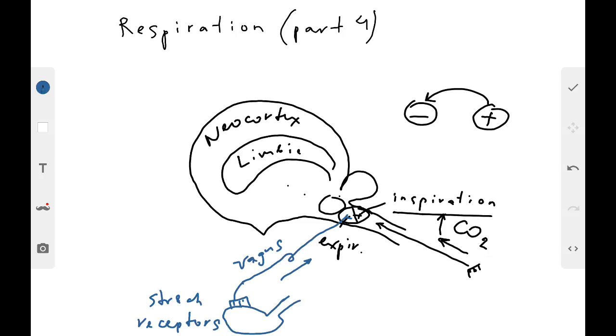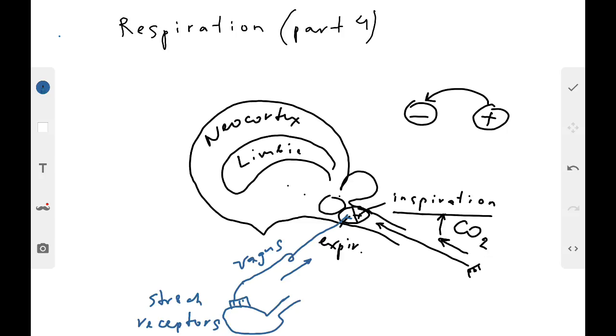Okay. Now we should speak about the first breath of a newborn child. When the fetus is in the uterus of the mother, respiration takes place through the umbilical cord.